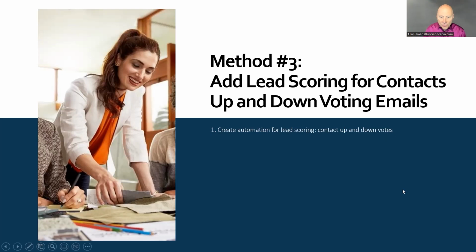All right, so the third thing we thought about is lead scoring for contacts that are upvoting and downvoting the emails. It could be very valuable because it's giving us some statistical analysis. You can even break it down if you wanted to know, for a contact, how many upvotes and how many downvotes.